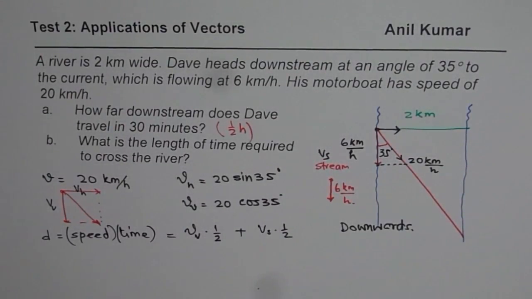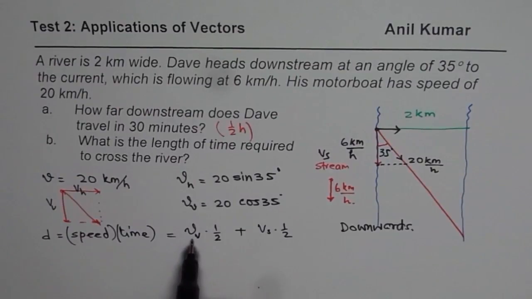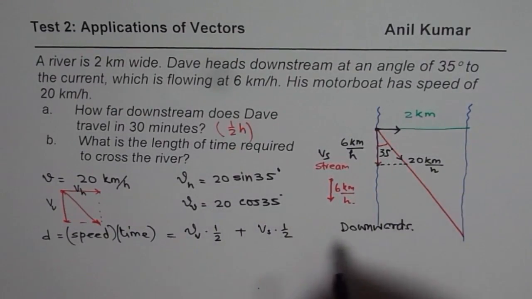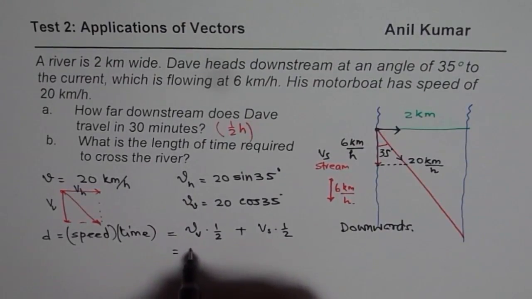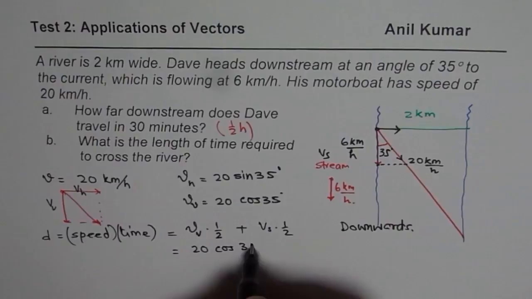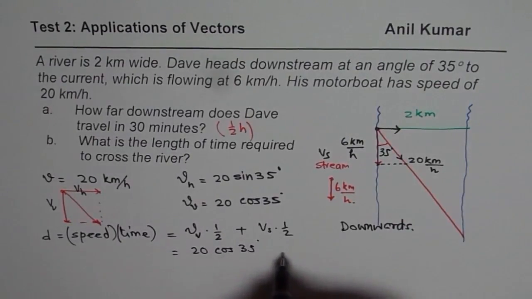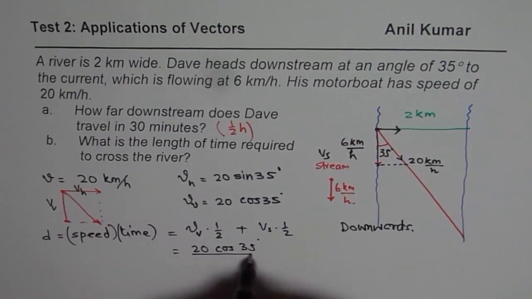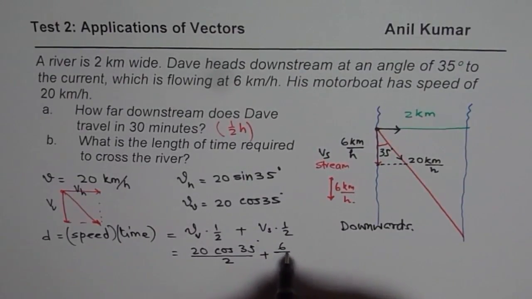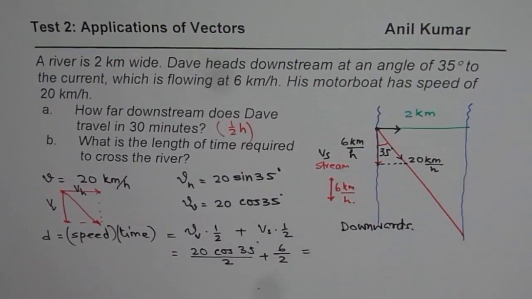You get the idea. Now V vertical component is 20 cosine of 35 degrees. So we'll write this as 20 cos of 35 degrees, divided by 2, plus 6 divided by 2. So that becomes the distance traveled vertically downwards. Now we can calculate this answer.